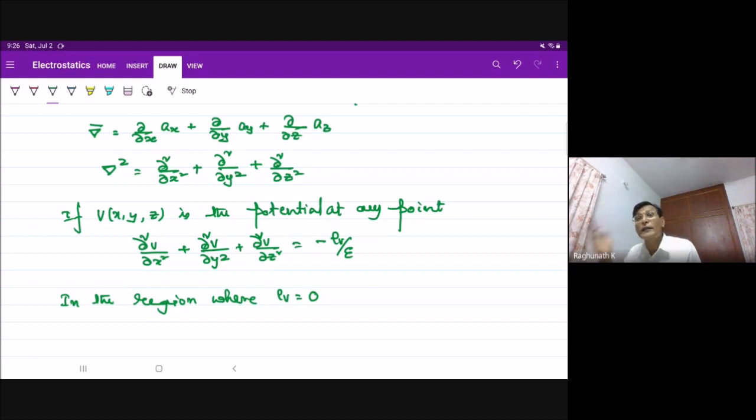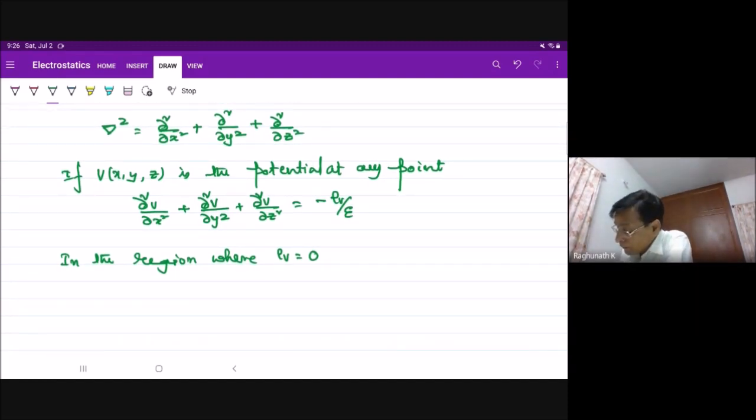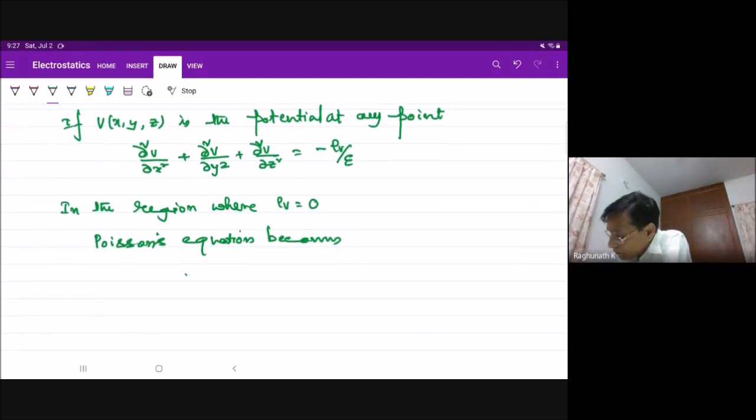In the region where rho V is equal to 0, Poisson's equation becomes del squared V is equal to 0, called as Laplace's equation.